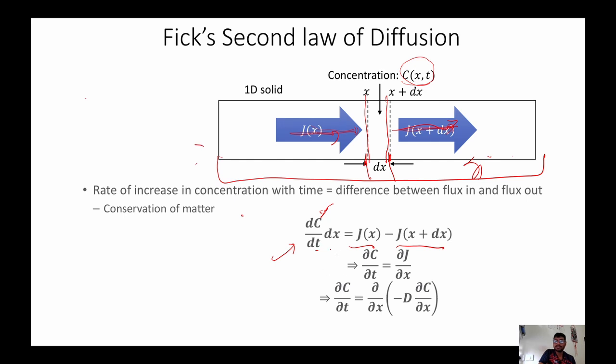So from here you can see ∂C/∂t is equal to ∂J/∂x (with a negative sign). Now let us put in Fick's first law. So we can rewrite it: ∂C/∂t is equal to ∂/∂x of minus D ∂C/∂x.